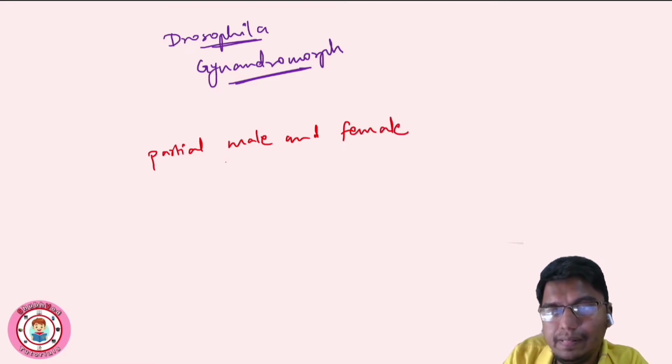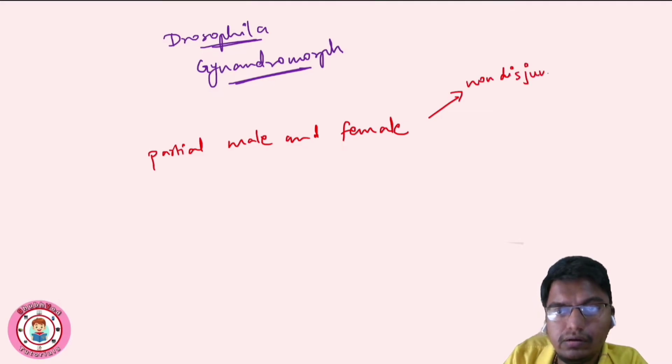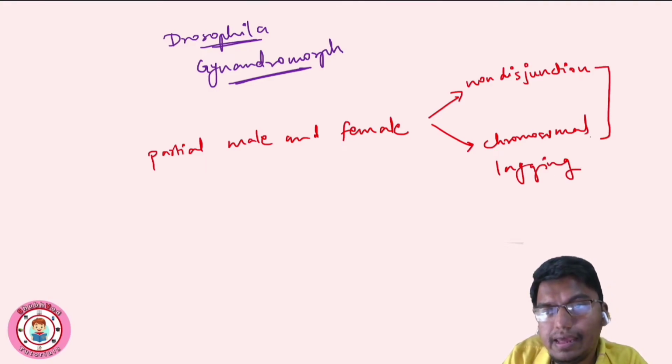This occurs due to non-disjunction or chromosomal lagging, basically of the X chromosome.